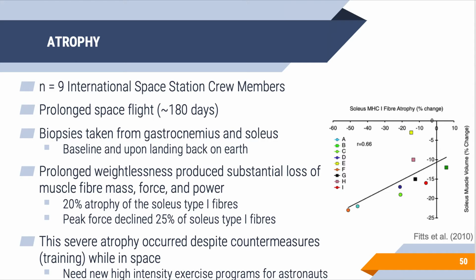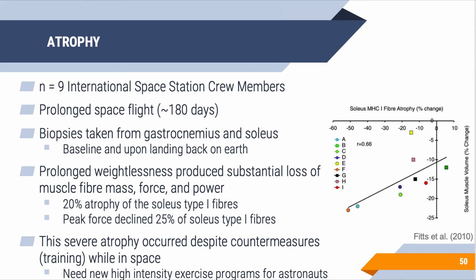This is interesting because when they send these astronauts into space, they actually have countermeasures or exercise training programs in place for them. So we still see this severe atrophy despite those countermeasures in place.